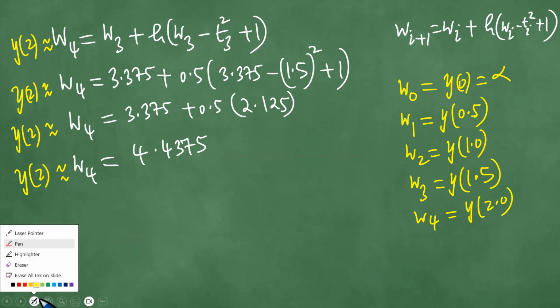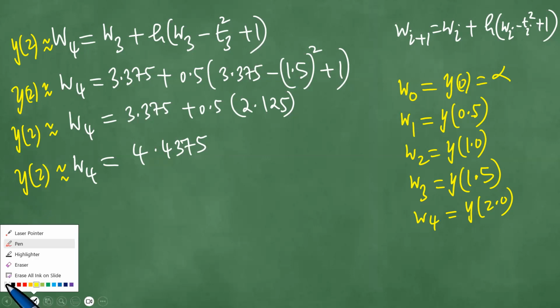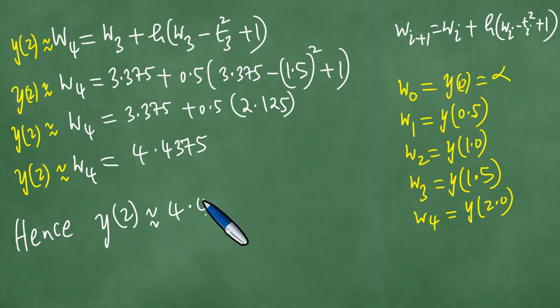The conclusion hence is that we have achieved using Euler's method that Y at 2 is approximately 4.4375. This is what we were asked to estimate by using Euler's method, and we have managed to estimate.